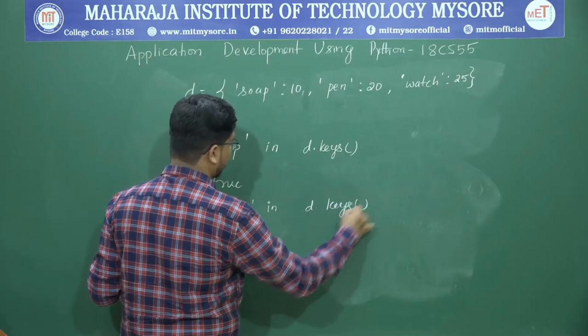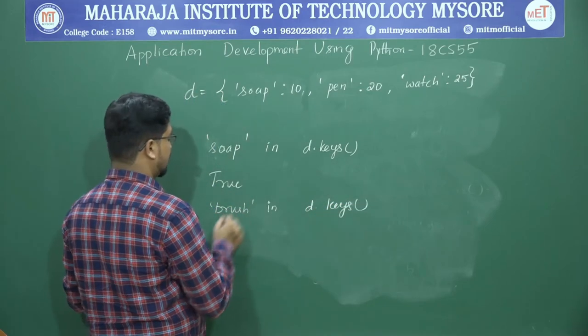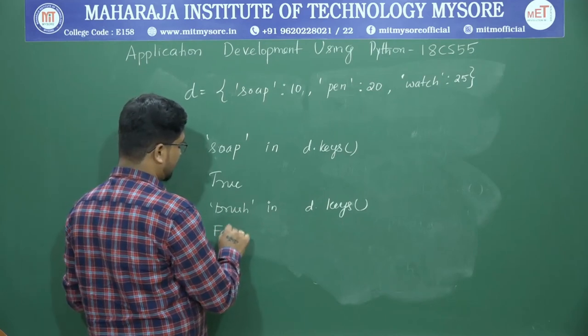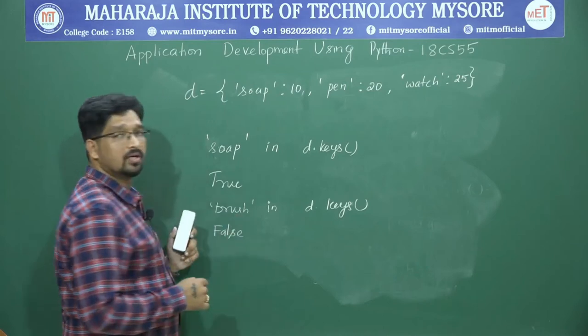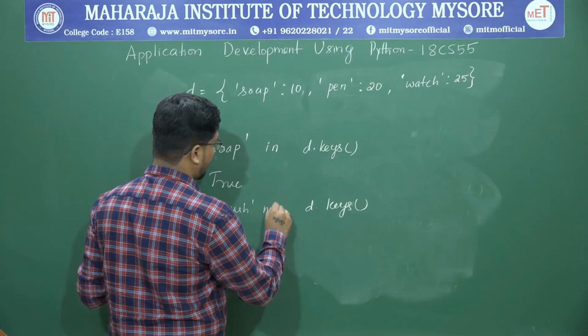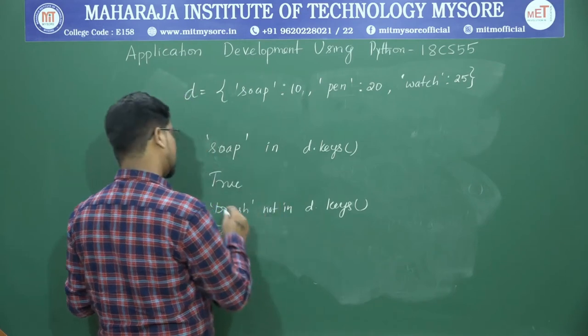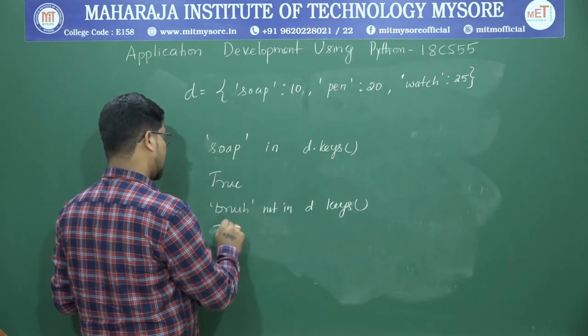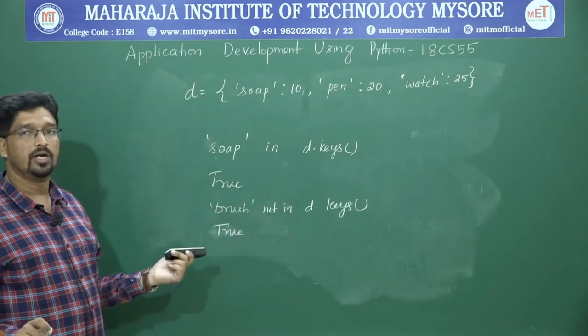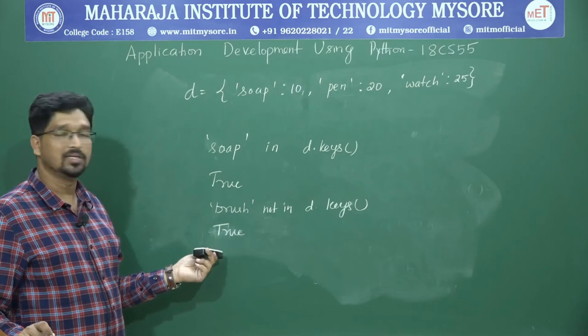It will check all the keys whether it exists or not. If it does not exist, we will get the result as false. Or else if you want to use not in, if brush not in d dot keys, then you will get the result as true. Brush is not present in d dot keys, so you will get the result as true.